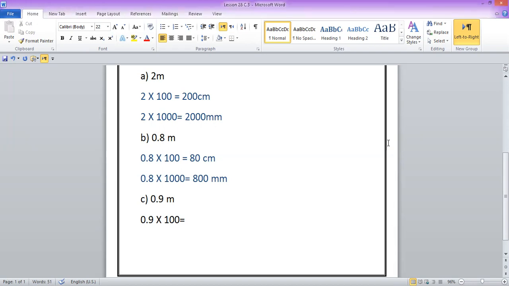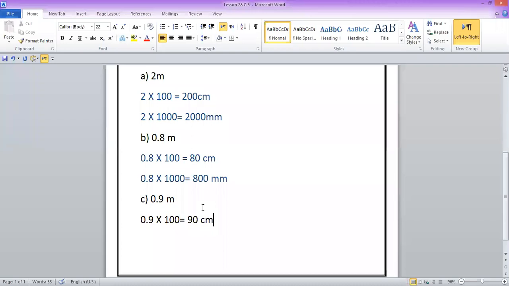0.9 multiplied by 100 equals to 90. Answer is right, but it will be 90 centimeter. That's very good.